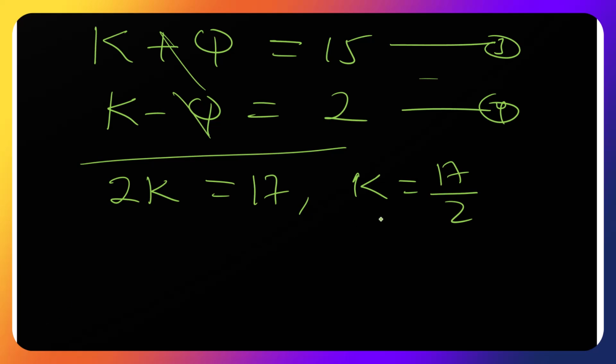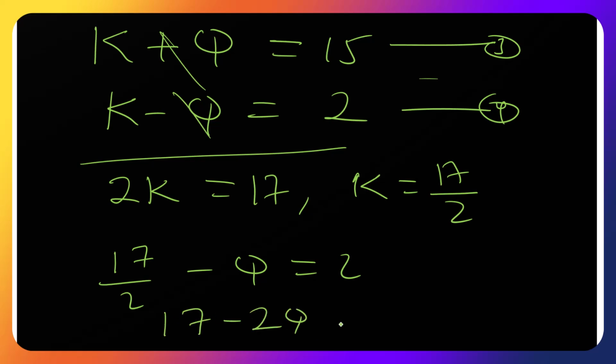To find q, 17 on 2 minus q equals 2. So we have 17 minus 2q equals 4. So 17 minus 4 equals 2q.